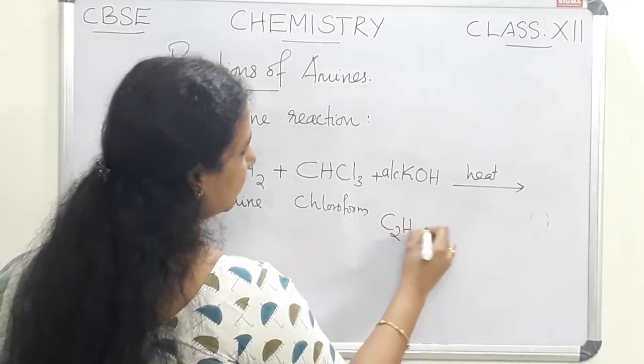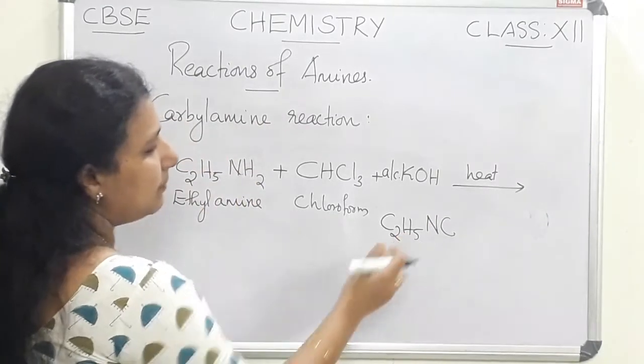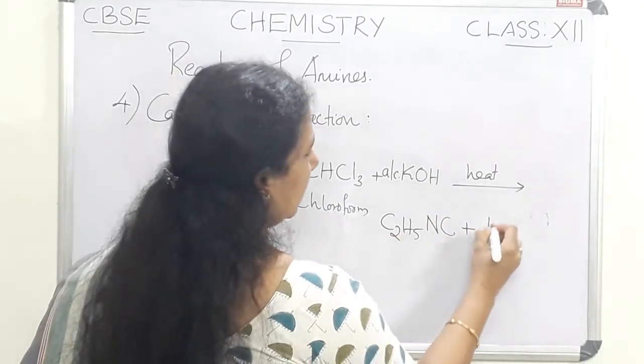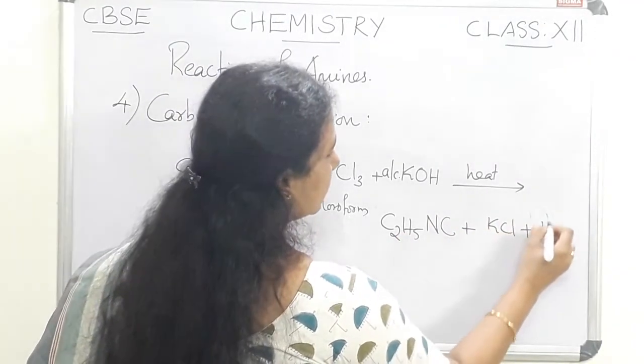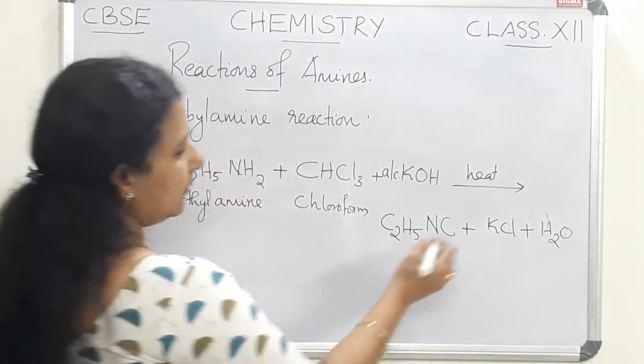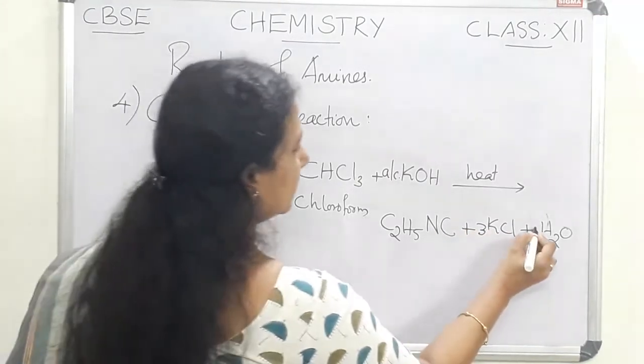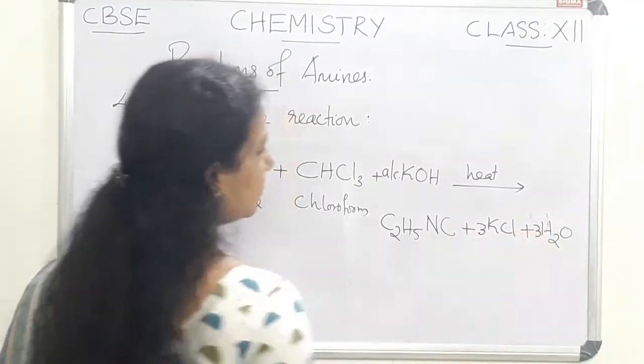Isocyanide means the functional group is NC. This is the main product, and KCl and H2O are the byproducts. Here we can add 3 KCl and 3 H2O.